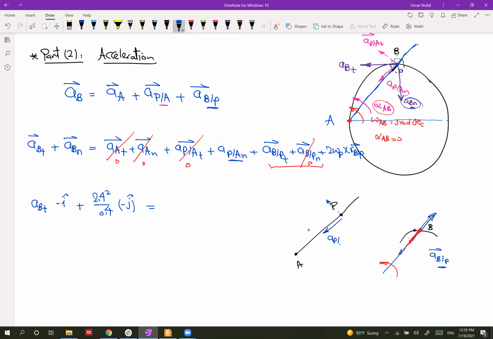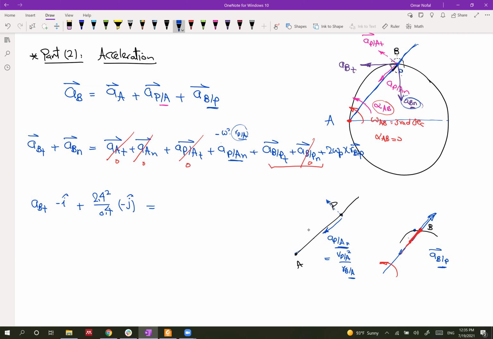So this is AB with respect to A normal, and it should be equal to VB with respect to A squared over RB with respect to A, which is this R. If we want to get this, we can also have it as negative omega squared multiplied by RB with respect to A. It should give you the same thing.